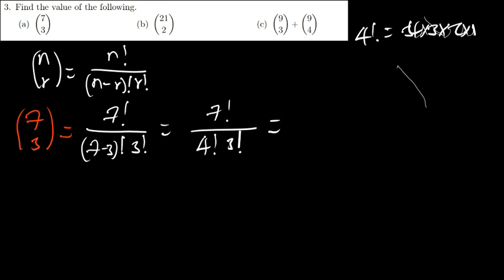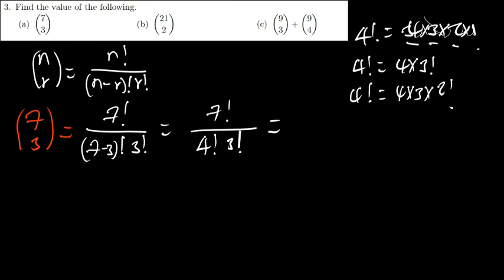We can see the trend here: starting from 4, 3, 2, 1, as you go, you are reducing by 1. So I can say it is 4 times 3 factorial, because 3 factorial is 3 times 2 times 1. If I want to go further, this is the same as 4 times 3 times 2 factorial. I end there. This is the factorial property which I'm going to be using here.